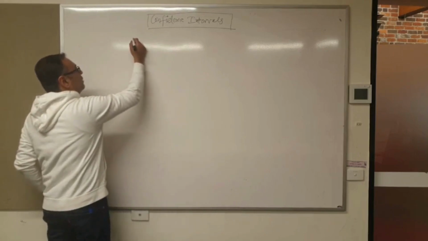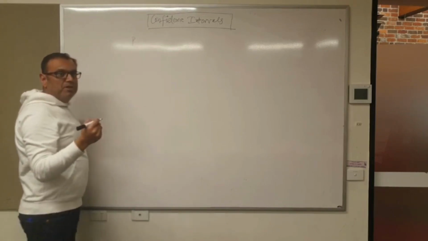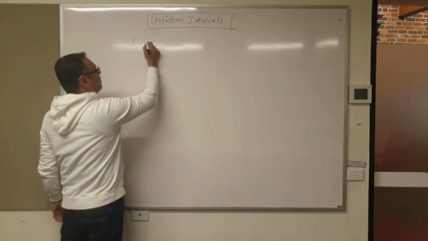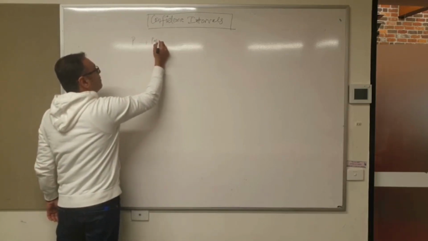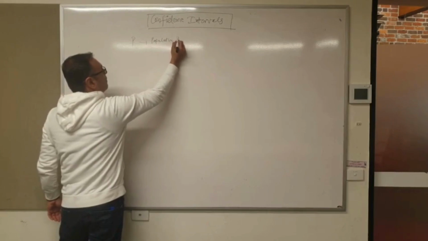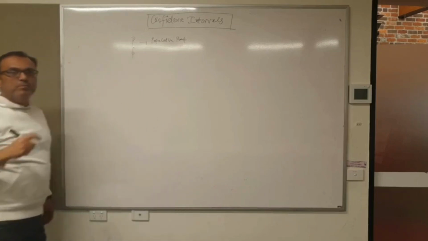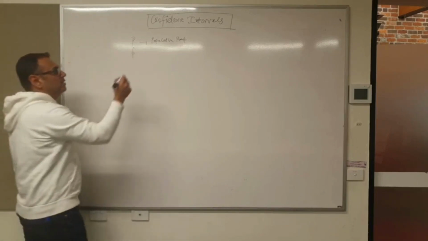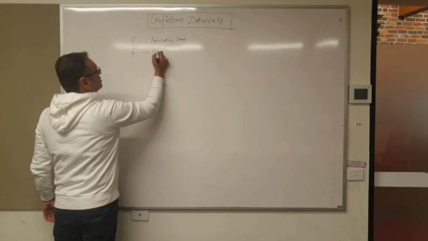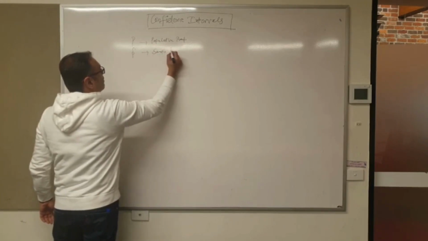We've been talking about population proportion P, and we're talking about the sample proportion, which is P hat. So this is the sample proportion.